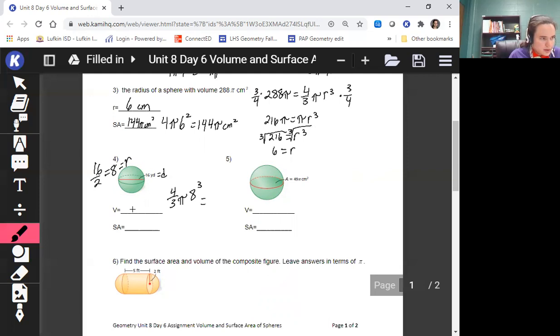And that equals 2,043 over 3 pi yards squared. Yards cubed, sorry, it's volume. And then total surface area for the sphere, 4 pi 8 squared, which is 256 pi yards squared.